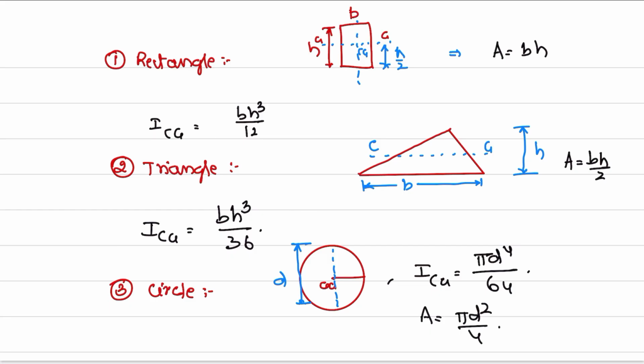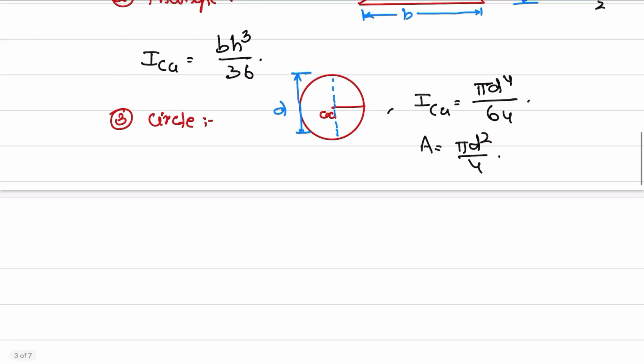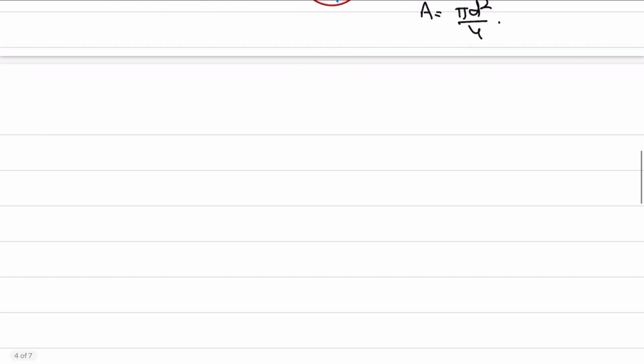Similarly, you can go for semicircle, trapezium, parabola, and ellipse. In structural analysis or in hydraulics, gates, we usually encounter quadrant and rectangular gates, so circular shapes, rectangles and triangles are more used.